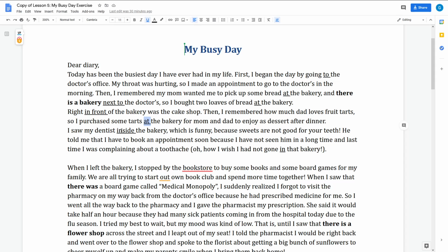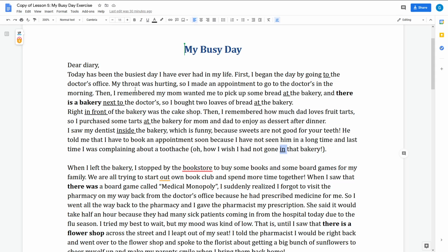I saw my dentist inside the bakery, which is funny because sweets are not good for your teeth. He told me that I have to book an appointment soon because I have not seen him in a long time. And last time I was complaining about a toothache. Oh, how I wish I had not gone in that bakery so often.